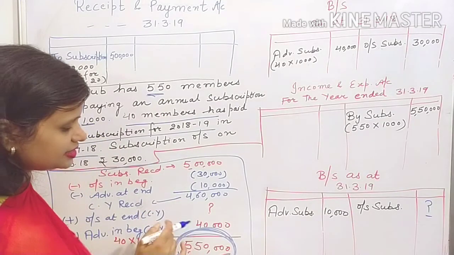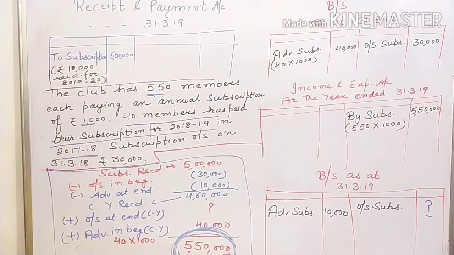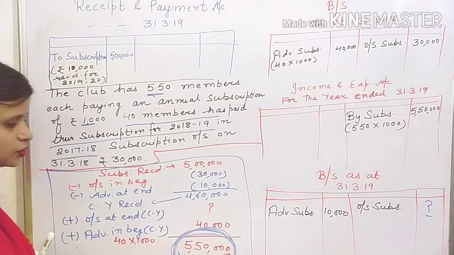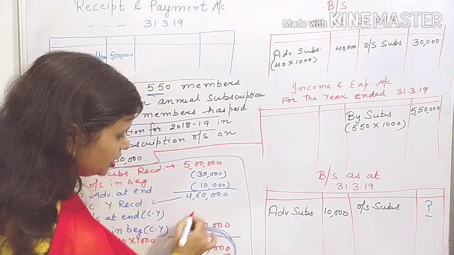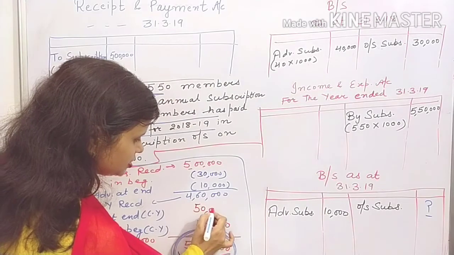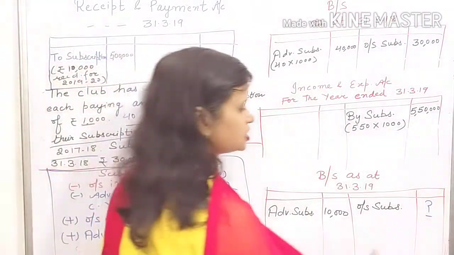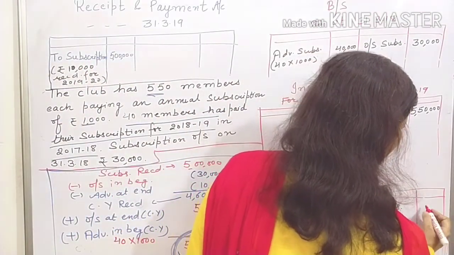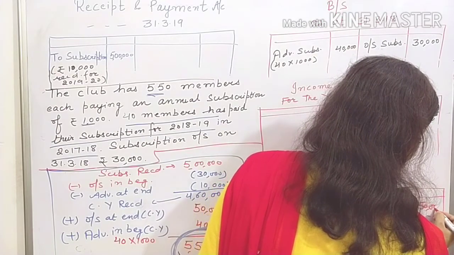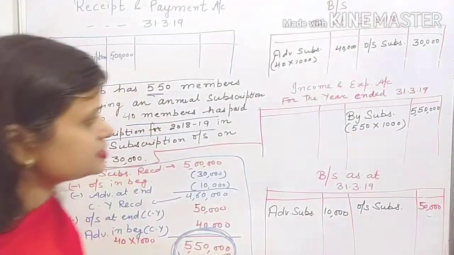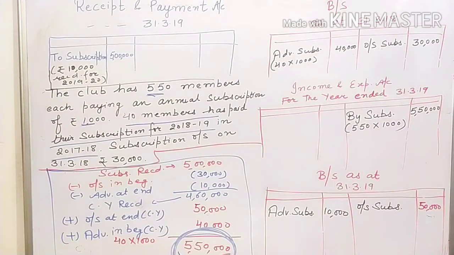So by comparing this one, you can calculate what amount of subscription is outstanding for the current year. So here our result will be 50,000. So outstanding subscription at the end, it will be 50,000. This is how you can solve questions related to subscription.